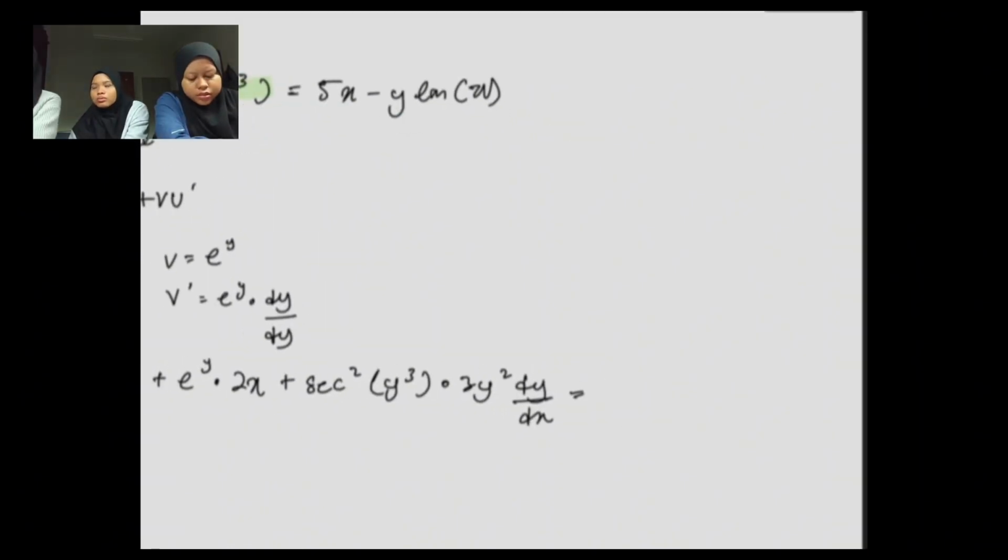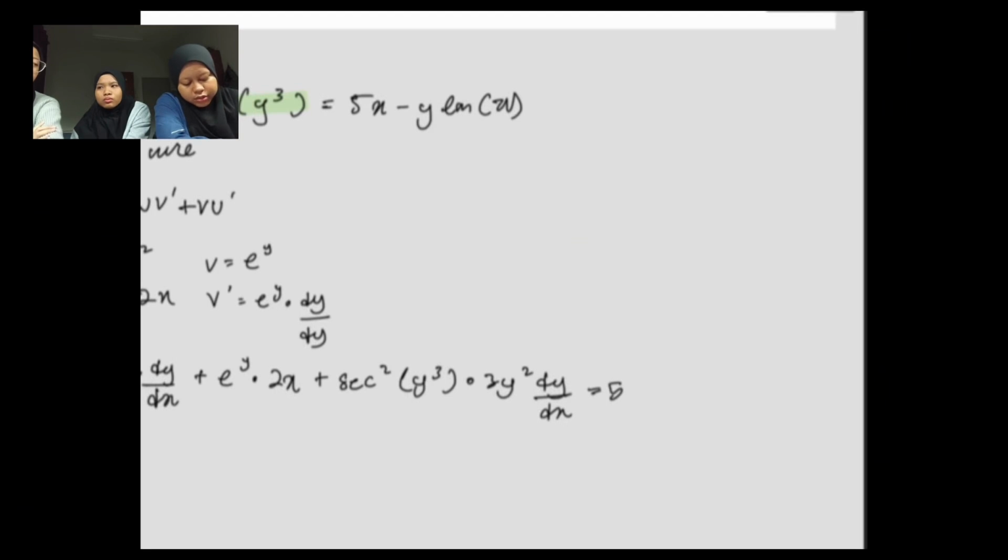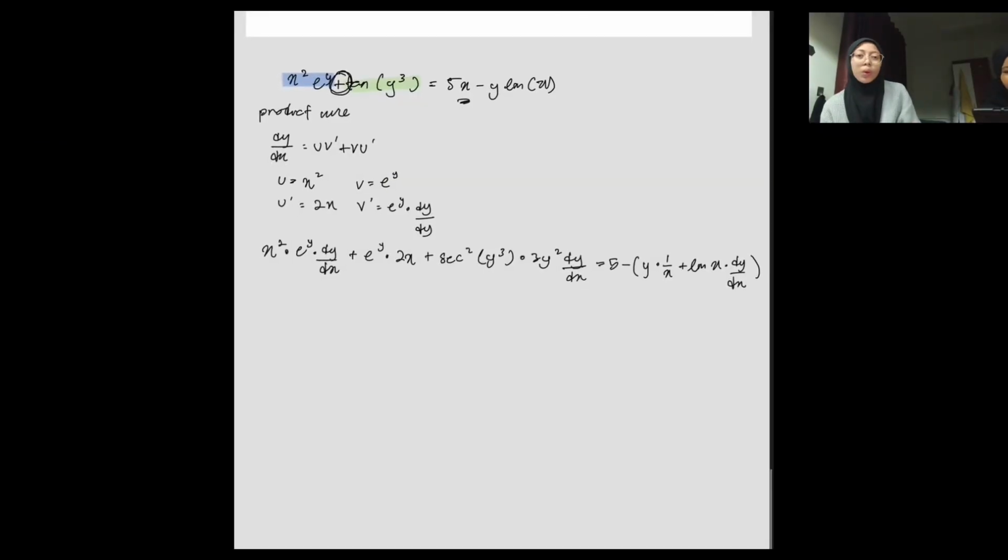And now we are going to differentiate the last one. This is going to be like 5 minus y multiply with the 1 over x, plus ln x multiply with dy over dx, close bracket. Okay, and so for the next step, we need to bring this one to the front. So it will become like this.